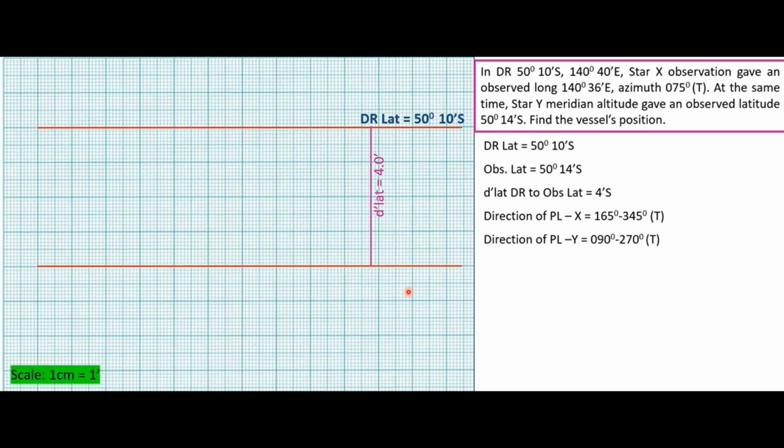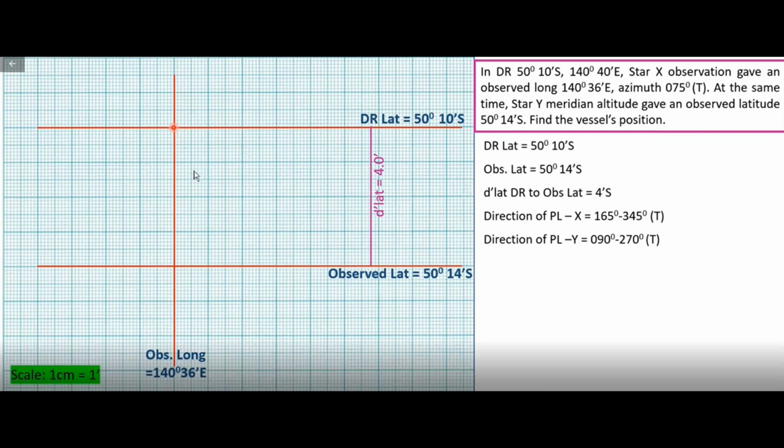Now, in this case, the meridian that we shall need would be the observed long. So we draw the observed long. It's drawn out here. Now we all know that for star X, the PL shall be drawn through DR lat and observed long, that is this point.